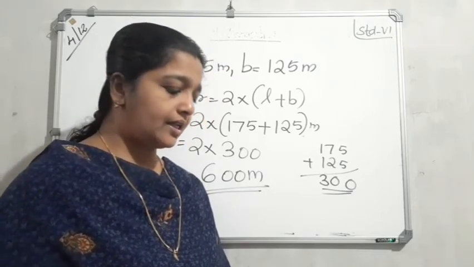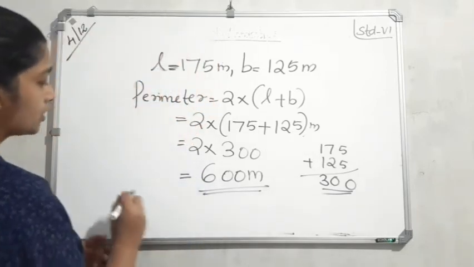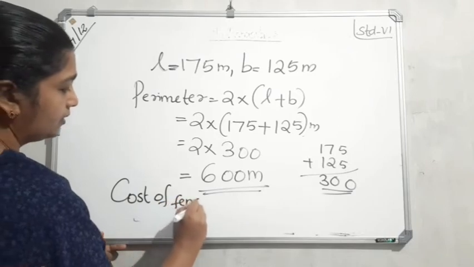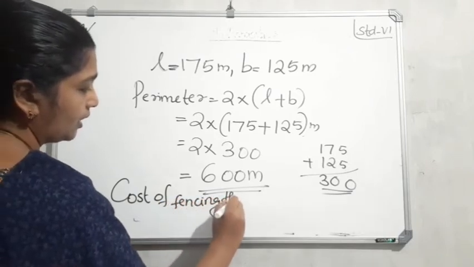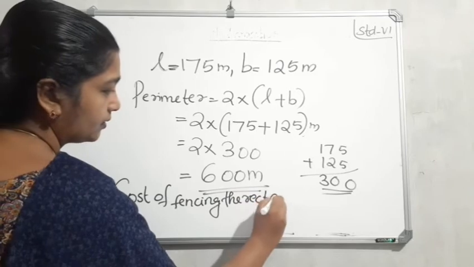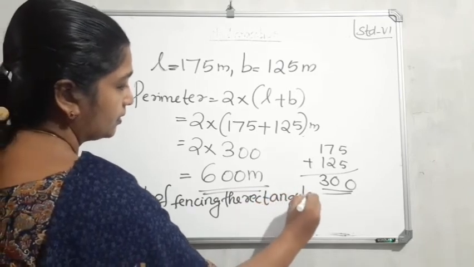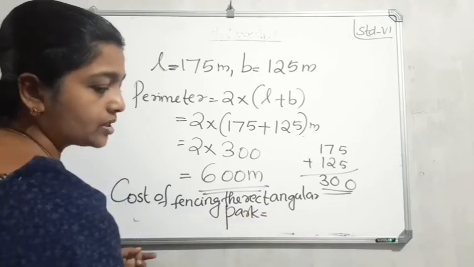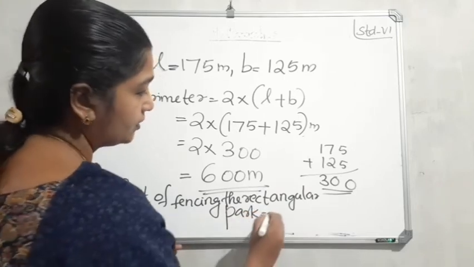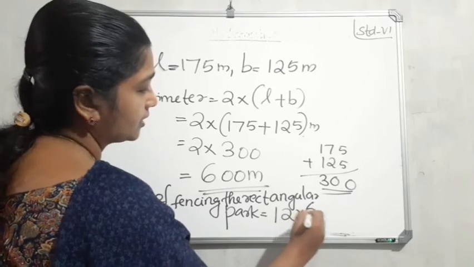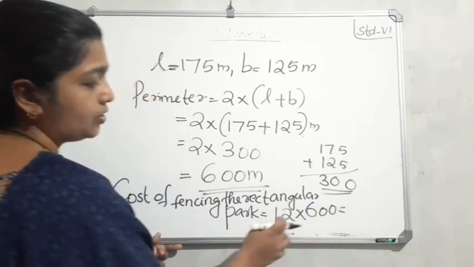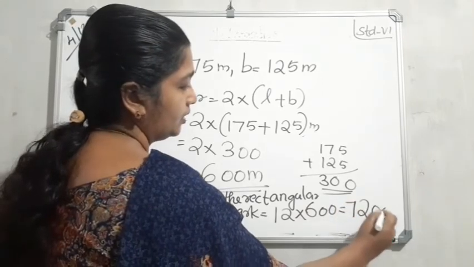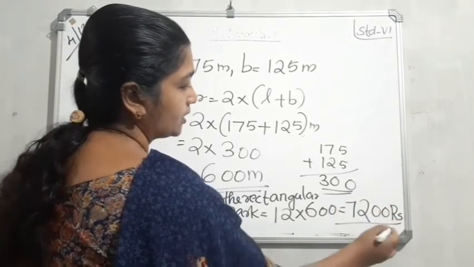Write the answer: the cost of fencing the rectangular park equals how much rupees? 12 into 600. 6 into 12 equals 72.